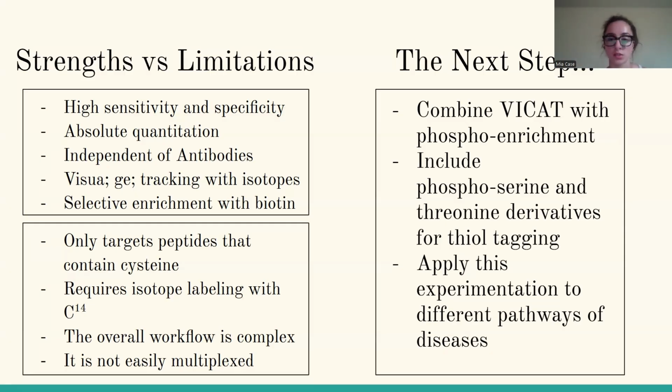But for its limitations, it can only label peptides that contain cysteine, and this excludes a large portion of the proteome, which is not very good. The use of the carbon-14 isotope raises safety and disposal concerns. The multi-step workflow is very complex. It uses gel separation and UV cleavage.